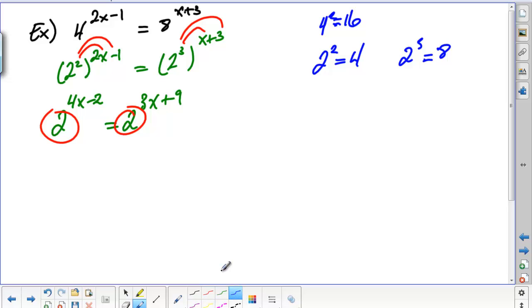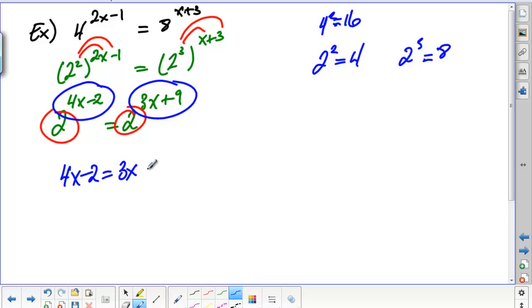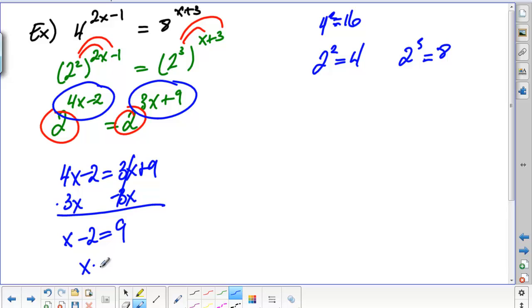So let's get those exponents and set them equal to each other. From there we solve this, subtract 3x from both sides. Add 2, we get 11. And there it is. And this is something you can check for a lot of these.